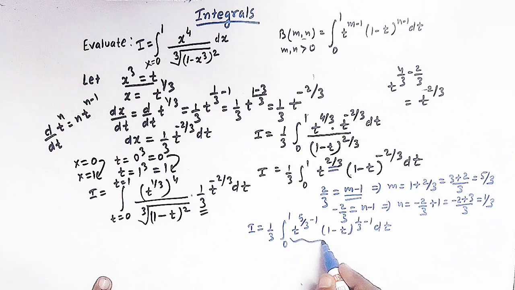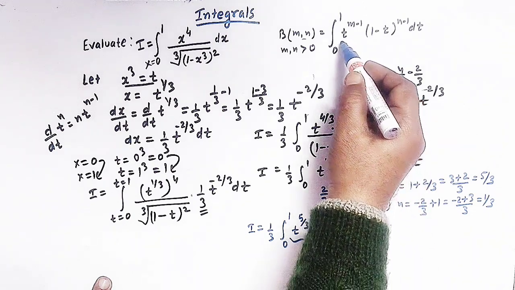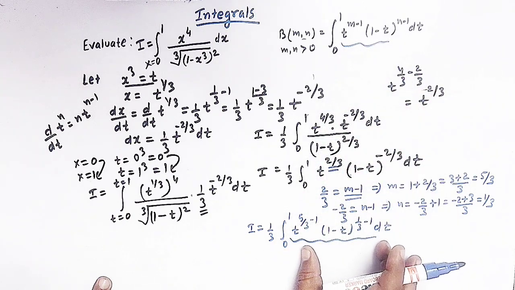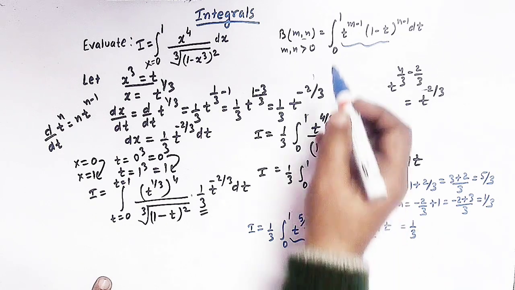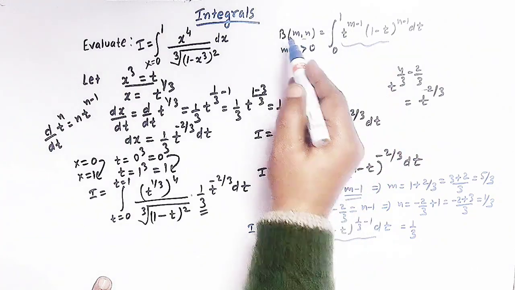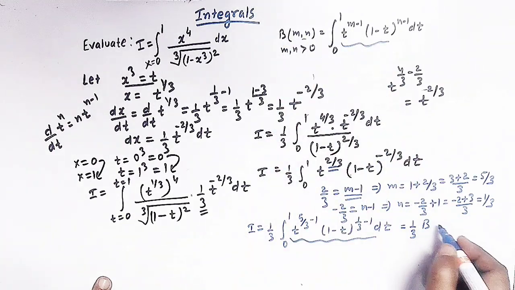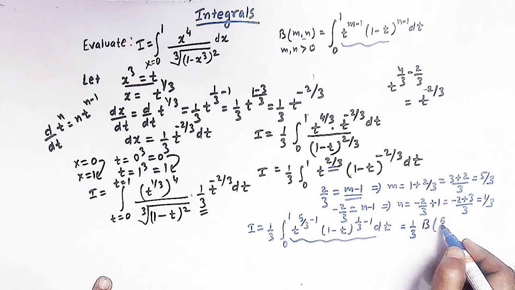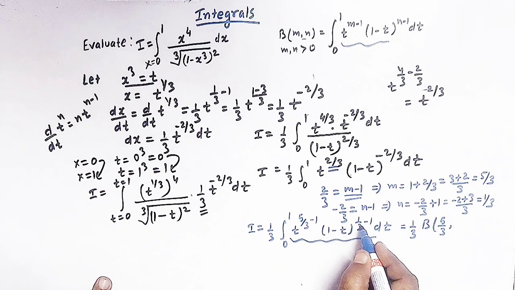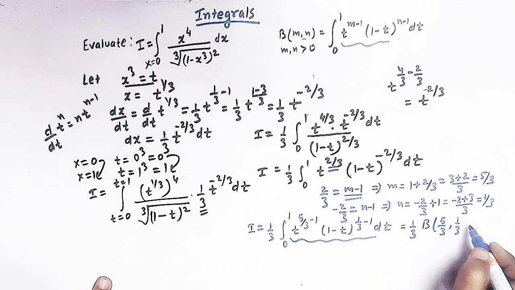So now this integral is similar to this one, that is, this is the beta function. So now we can write 1 over 3, and this integral is equal to the beta function, that is beta m comma n. So here m is 5 over 3, and n is 1 over 3.